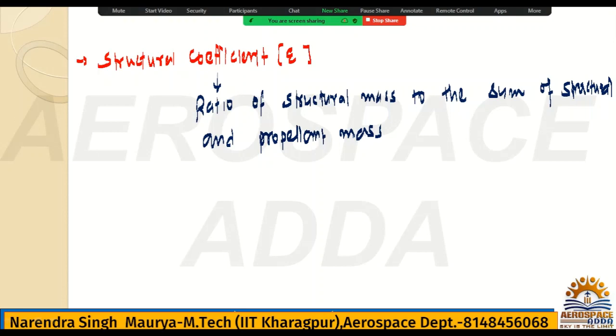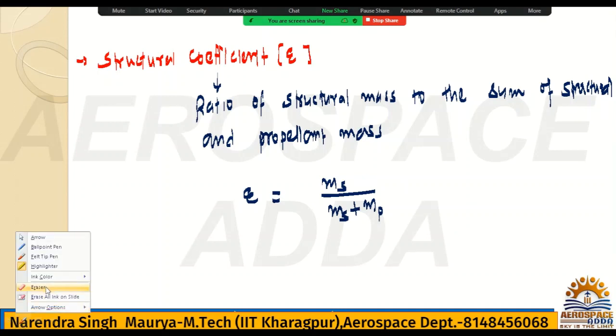Okay, so this is the combined joint venture. If you join two things, structural mass and propellant mass, and get that ratio, then the new terminology is called structural coefficient. So sometimes they will use this also, and it is denoted by epsilon. So what they said, it is the ratio of structural mass, what is the structural mass? Ms, divided by the sum of structural mass plus propellant mass. Okay, so this also you need to remember, and you have to exchange in this formula and check what result you will get.